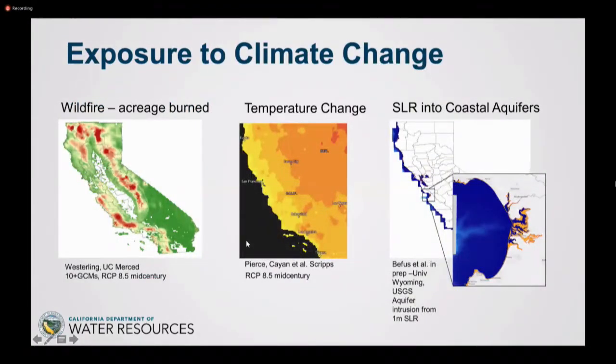There we go. Okay, and this slide is just to show you that each of these data sets comes from a statewide spatial data set, and each indicator varies in terms of how much they contribute to risk. But as I was mentioning, the sea level rise into coastal aquifers that you see here on the right-hand side, it's not scalar.